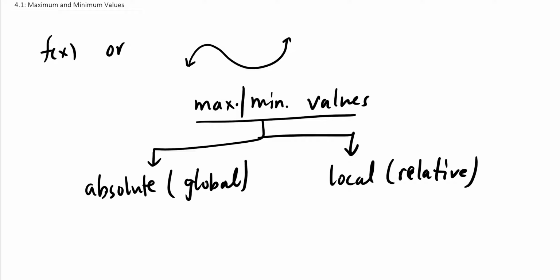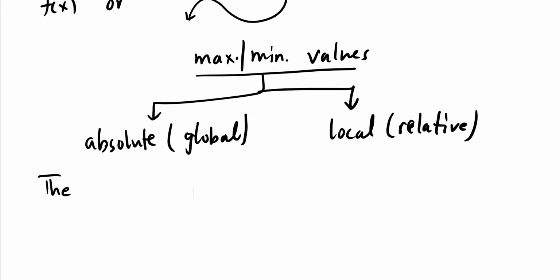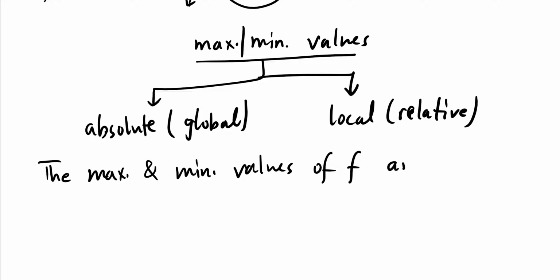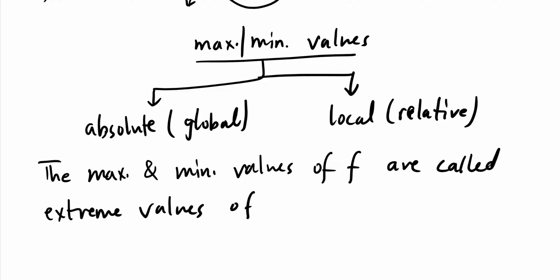The first thing is to learn more about the language of minimum and maximum. The maximum and minimum values of, let's say, a function f are called extrema, or extreme values of f. Sometimes instead of asking you to find min or max, they ask you to find the extreme values of f. That means the same thing.